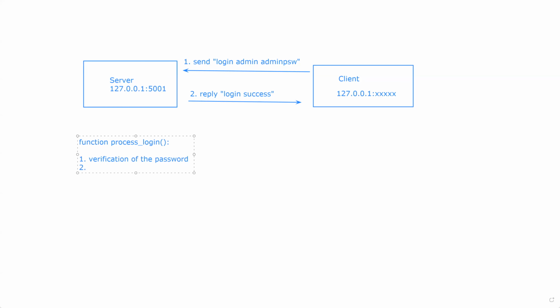And the second one is to make the response, success or fail. Right? This function basically does these two things. So you can see this simple protocol makes login work. We are just sending the plain text right now to make the login happen.